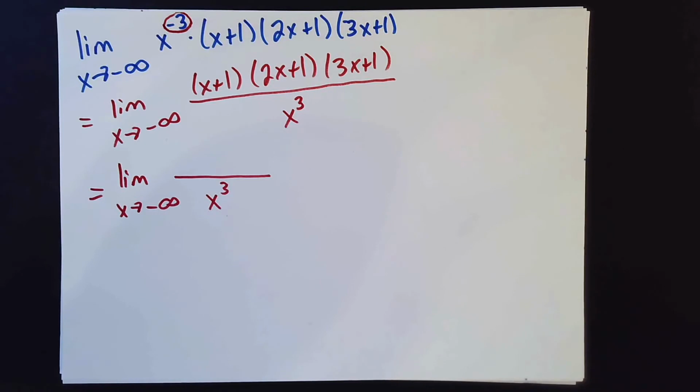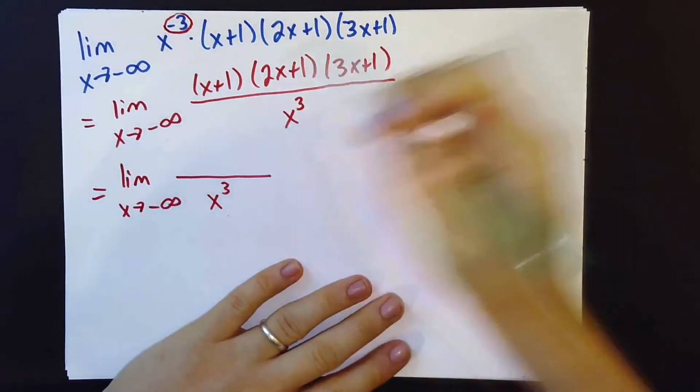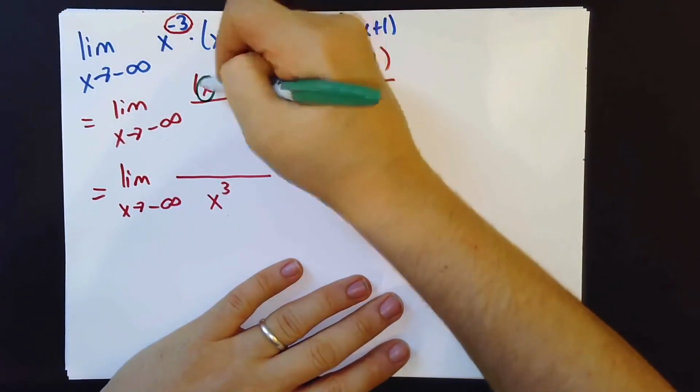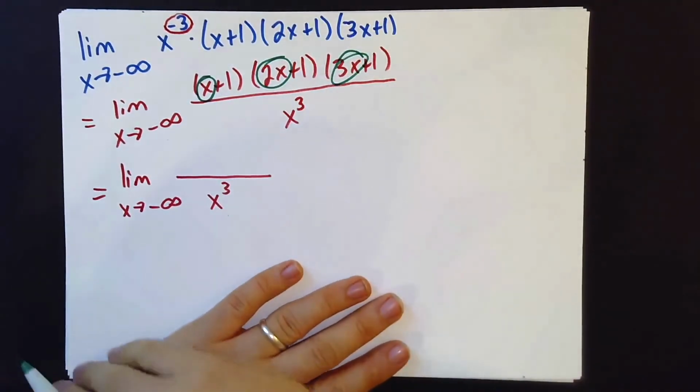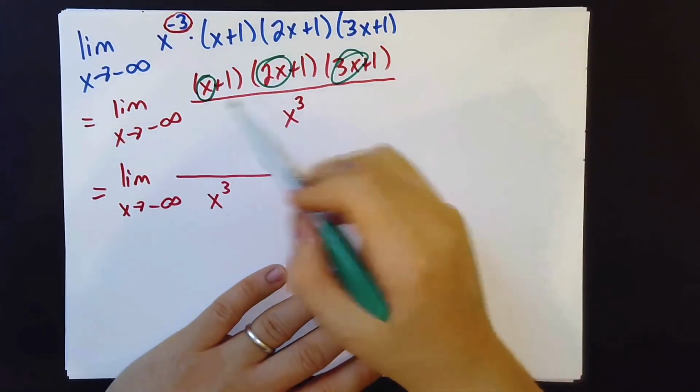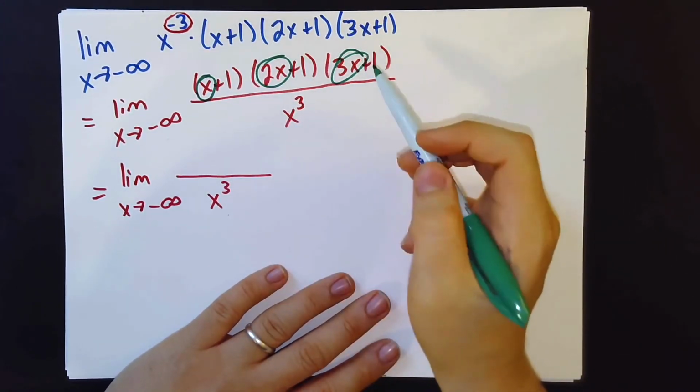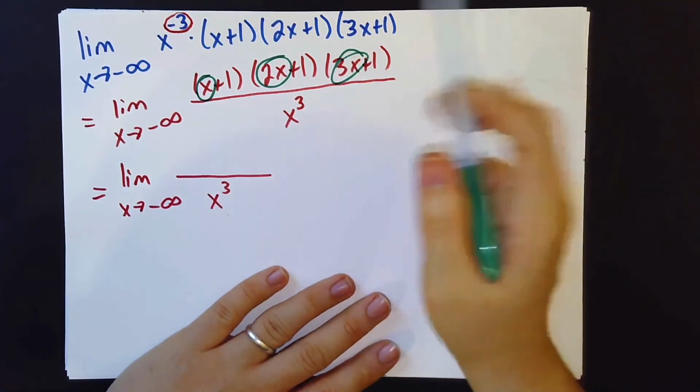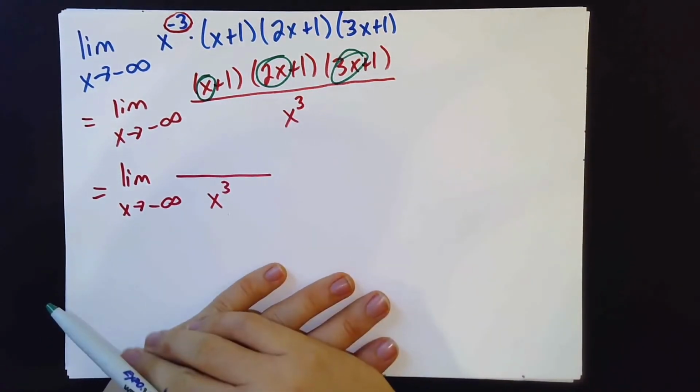And so actually, you can figure out where the highest order term is going to come from. It's going to come from multiplying together all of these x pieces. So in fact, if you did multiply out this whole mess, you would get 6x cubed plus some other stuff that I don't want to calculate.